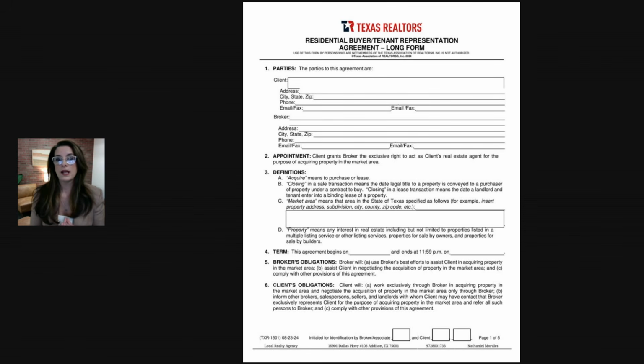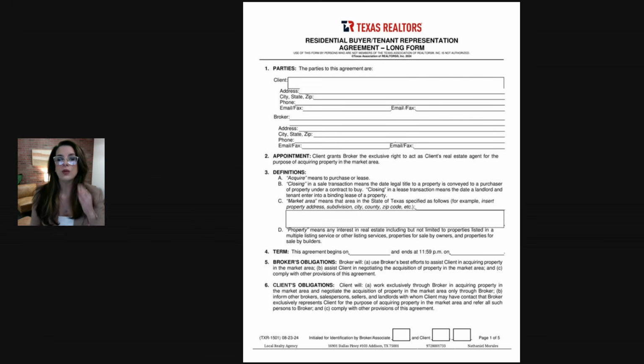Some clients say, no, I have multiple agents in multiple areas, each servicing me in their specific area, and that's okay too. So just be aware of that. And if you are representing a client for only specific properties, you could write the specific property or two properties. There's no set rule.